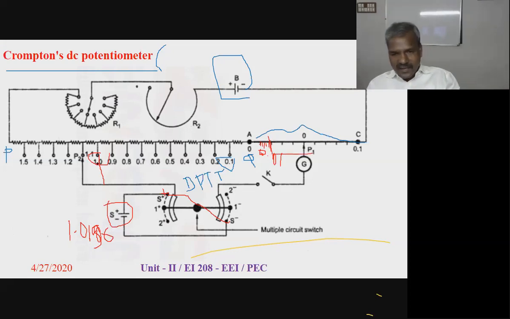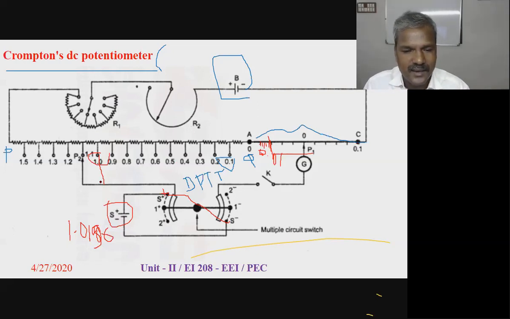So understand or not? To standardize the Crompton's potentiometer, first connect the standard cell through the DP-DT switch. Connect the standard cell. So you know the standard cell potential value. So that value is set in the Crompton stud and the slide wire contact.